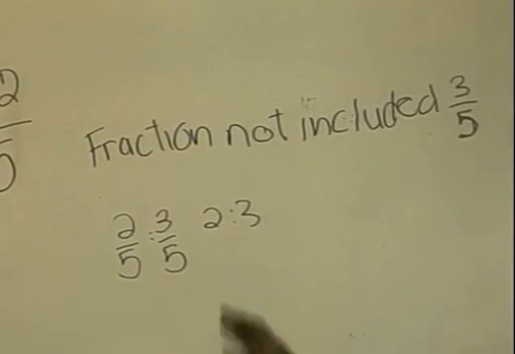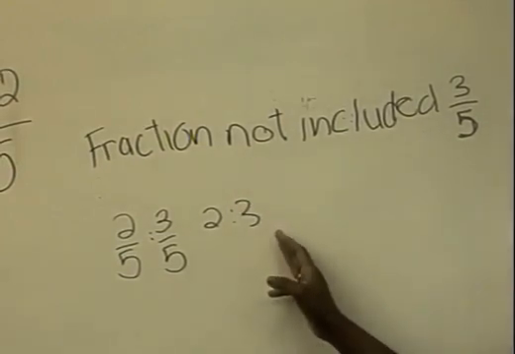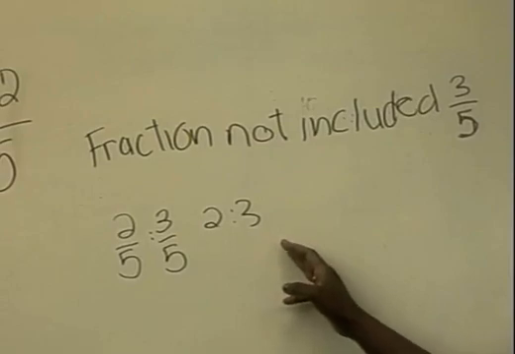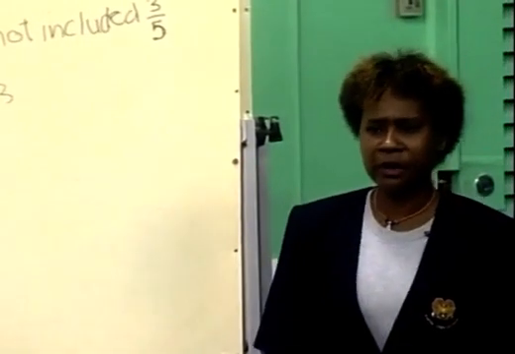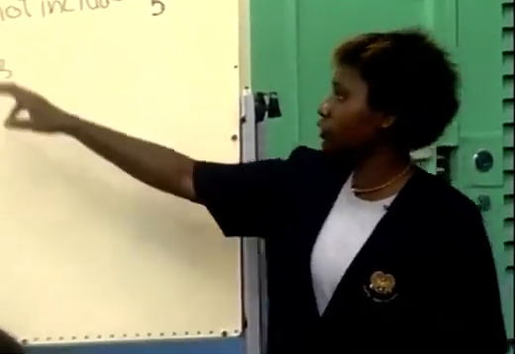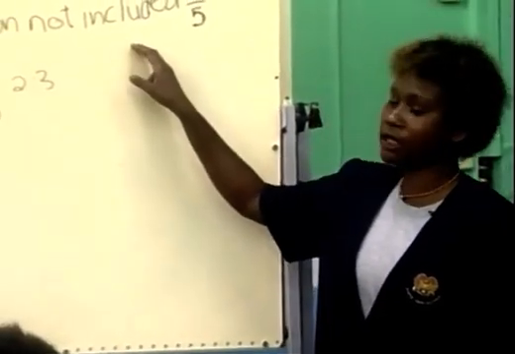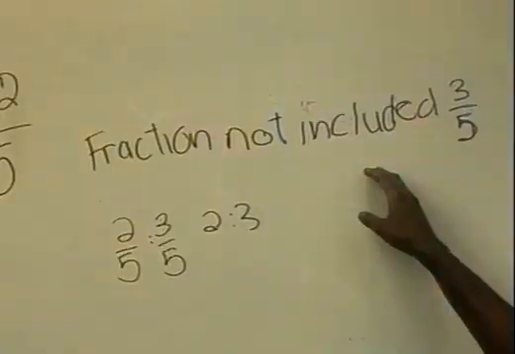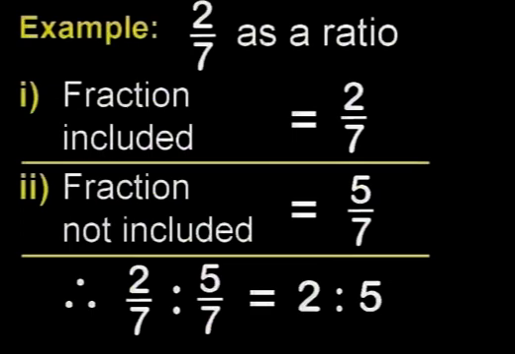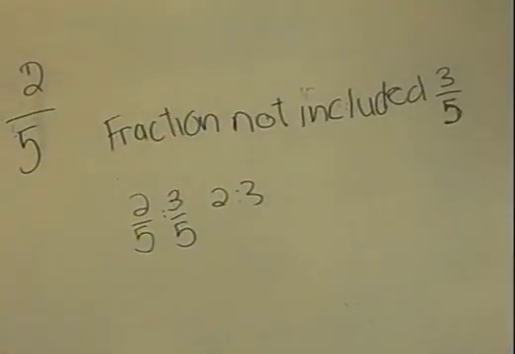Is it correct in doing her working out as this one on the board? I know there were some people making faces, probably because of this. Fraction not included. Okay, this is how we're supposed to be laying out our working out. Fraction included 2/5, and the fraction that is not included, which is 3/5.